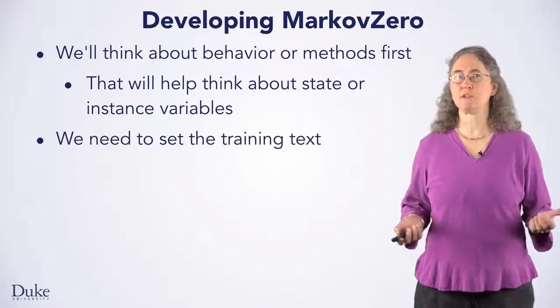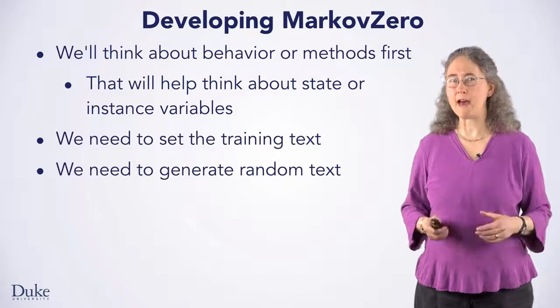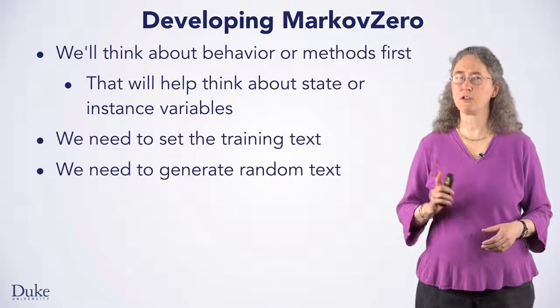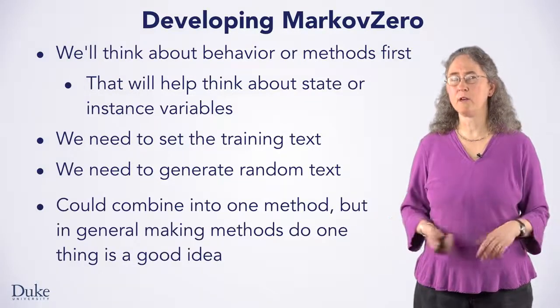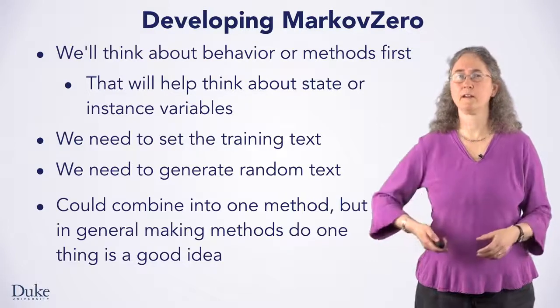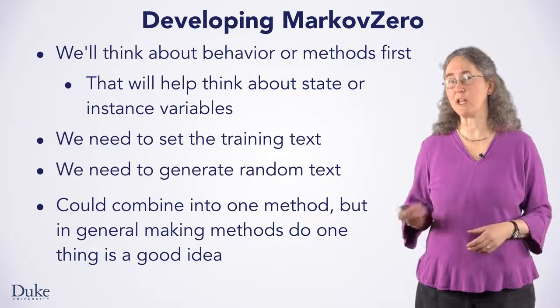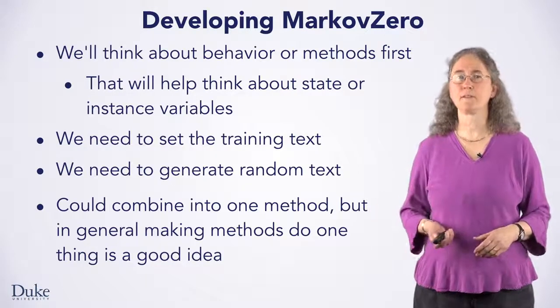We'll need to be able to set the training text for the Markov zero class, and we'll need to be able to generate text randomly. That's two different methods. We could combine these into one method, but in general, keeping methods single purpose is a good idea. In this case, we might want to create several texts at random from the same training text, so keeping the methods separate makes lots of sense.